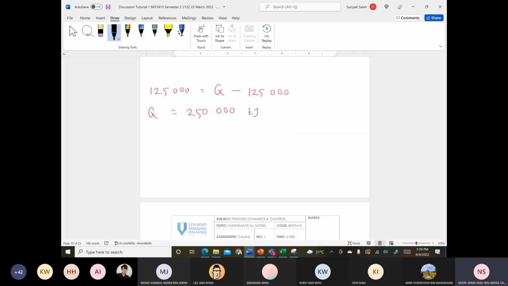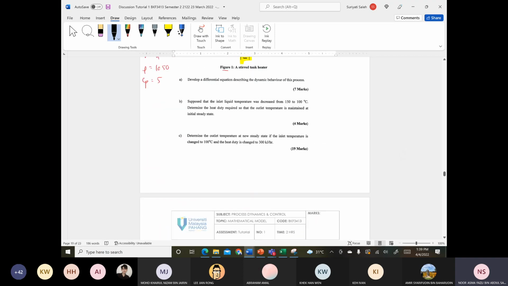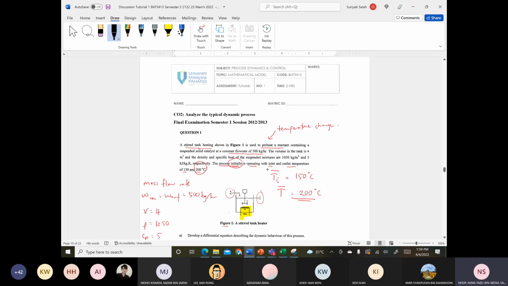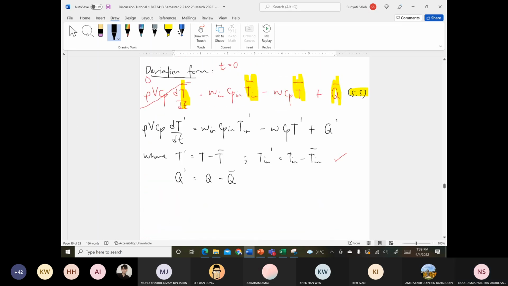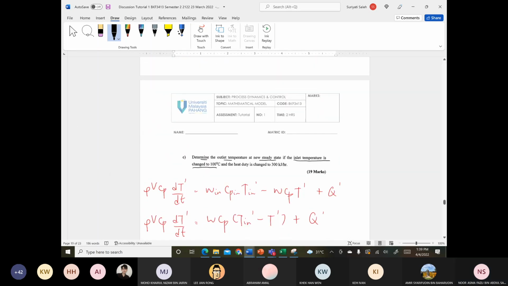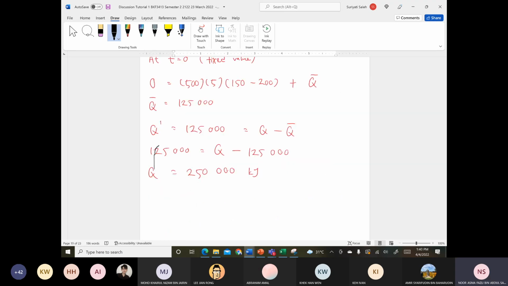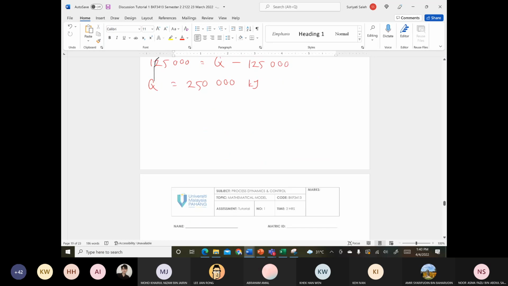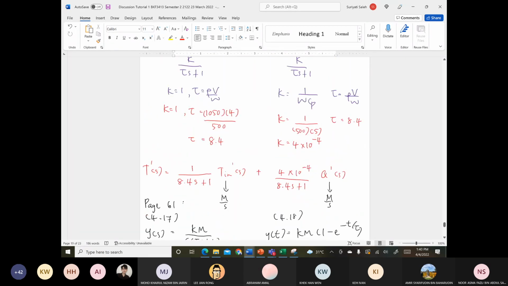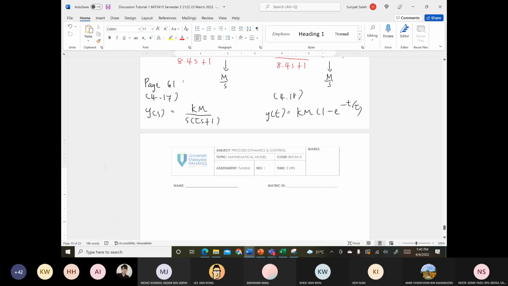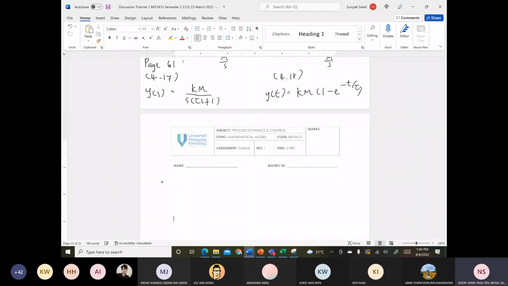Originally, based on the earlier statement, this is my Ti bar 150 and T bar 200.